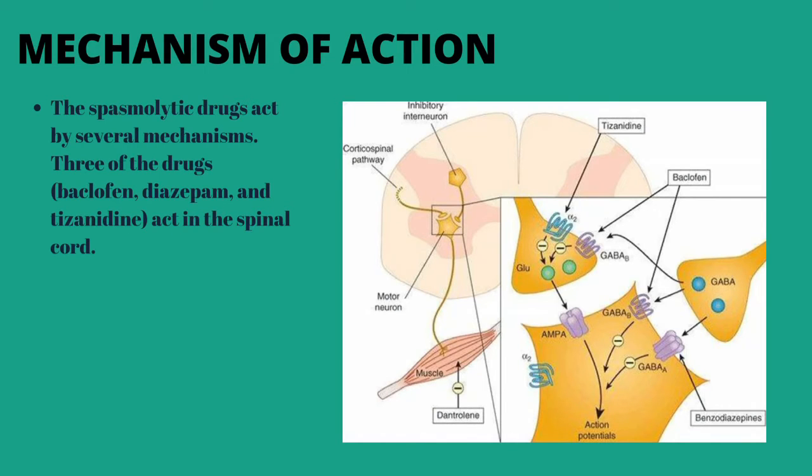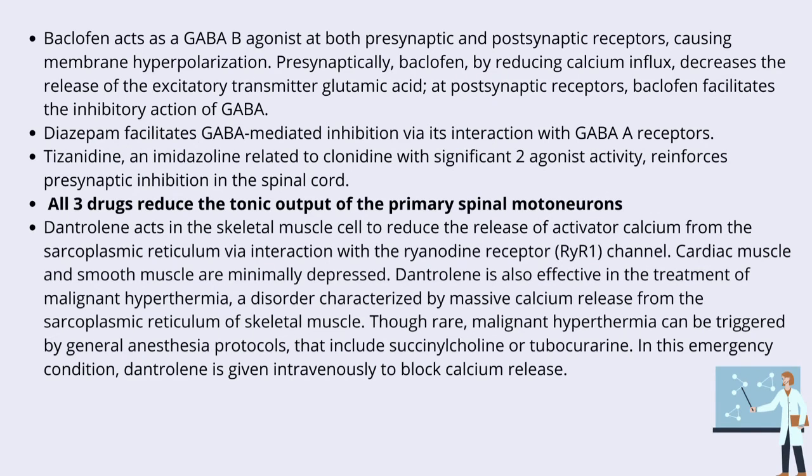Mechanism of action. The spasmolytic drugs act by several mechanisms. Three of the drugs, baclofen, diazepam, and tizanidine, act in the spinal cord. Baclofen acts as a GABA-B agonist at both presynaptic and postsynaptic receptors, causing membrane hyperpolarization. Presynaptically, baclofen, by reducing calcium influx, decreases the release of the excitatory transmitter glutamic acid.